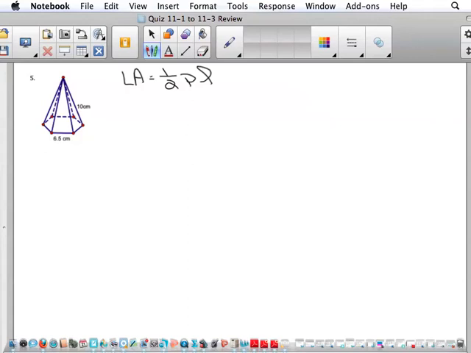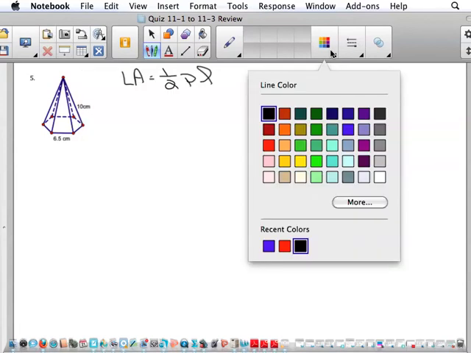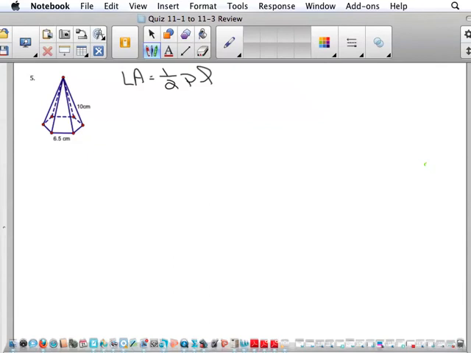If we're looking at this particular triangle right here, that's actually an edge length of 10. This is 6.5.